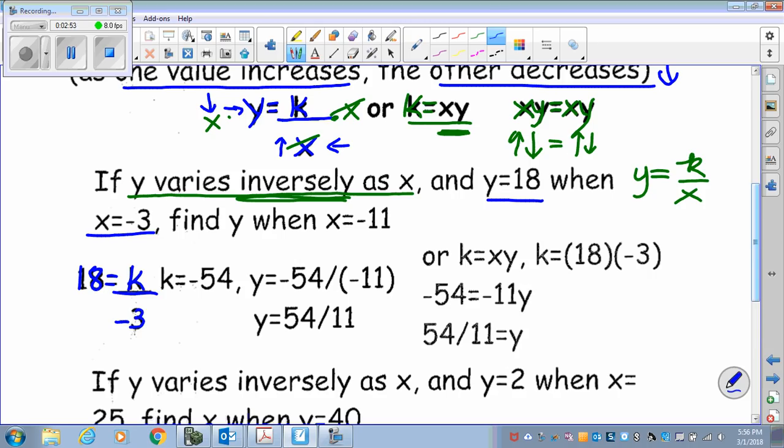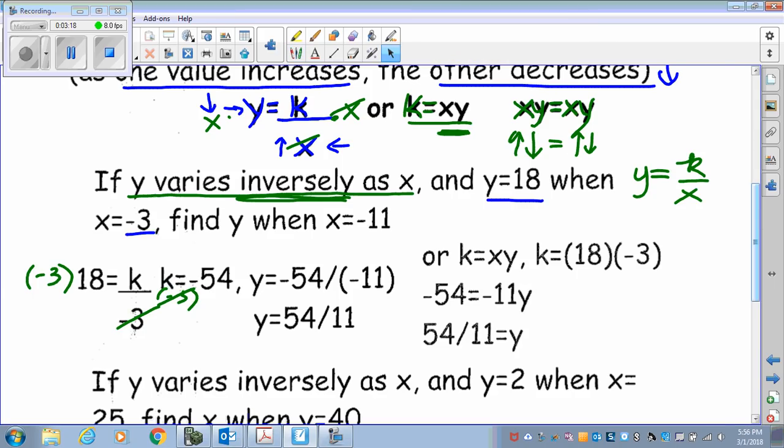All right, and then to solve that, I would multiply both sides by negative 3. All right, so those cancel out, and I get k equals negative 54.